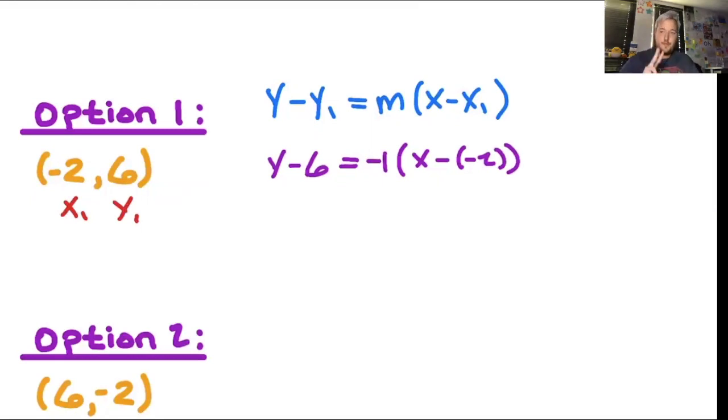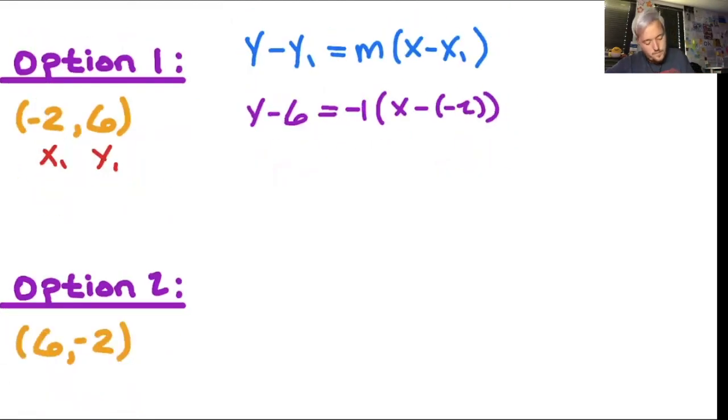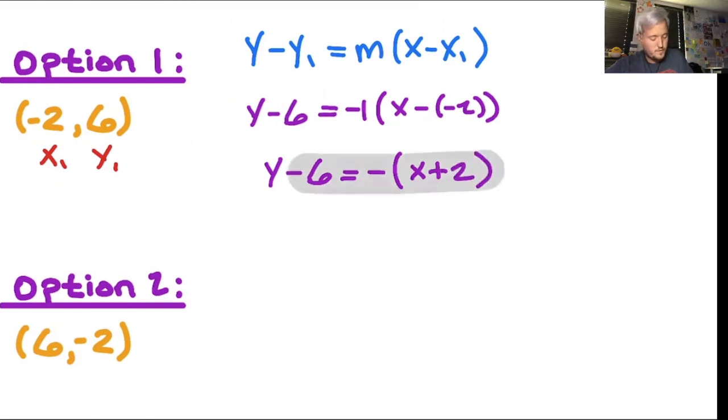So there's 2 things in this problem right here specifically that we can simplify. So the first one is that negative 1. We don't have to write that 1. So I just have y minus 6 equals negative, parentheses, and then the second thing that we can simplify here is minus a negative. So plus 2. So this would be our first option.